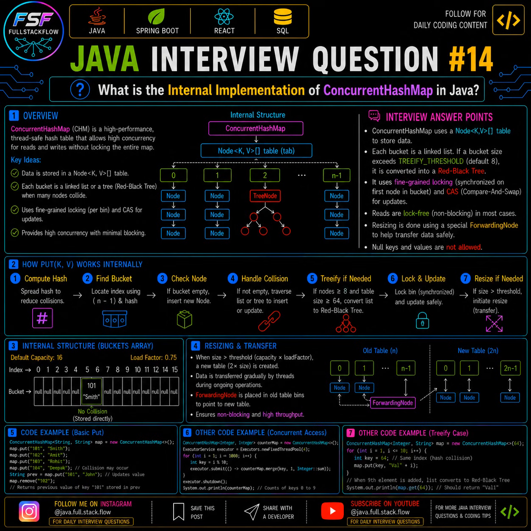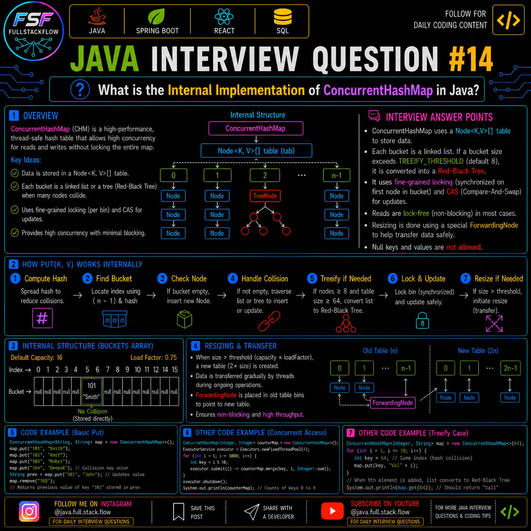Now look at the internal structure shown in the image. Internally, ConcurrentHashMap stores data inside a Node array, the table. You can think of it as an array of buckets. Each bucket stores node objects. If only one element exists, the bucket simply contains one node.